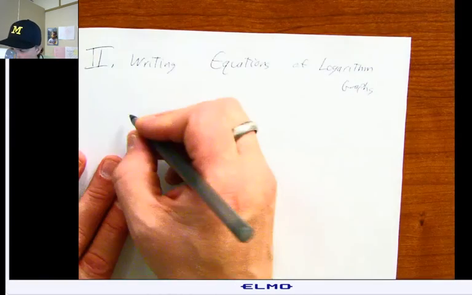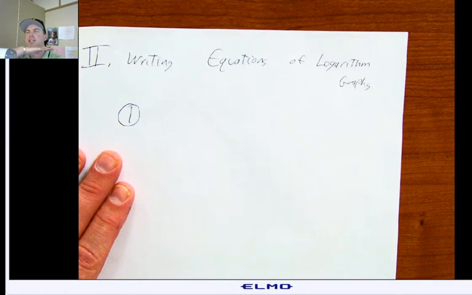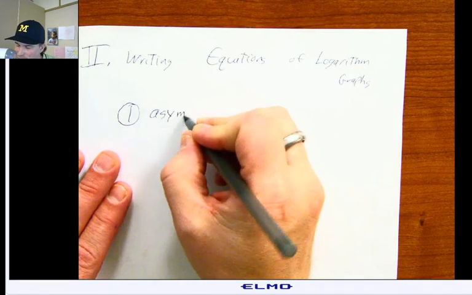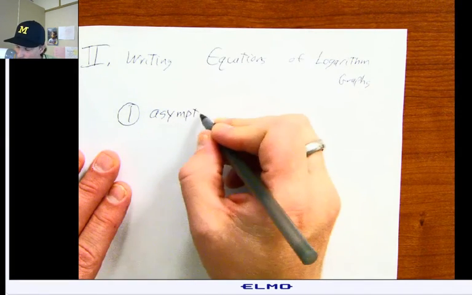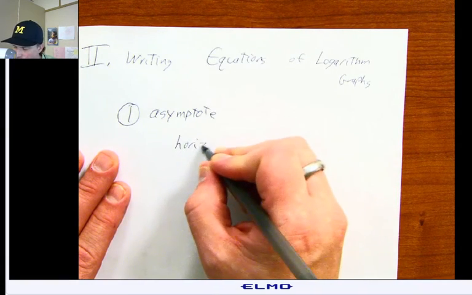So I would handle this the exact same way that we handled the last unit, except I'd go in this order. The first thing I looked for in the exponential was the asymptote to give me the vertical translation. So in this case, the asymptote will give me the horizontal translation.